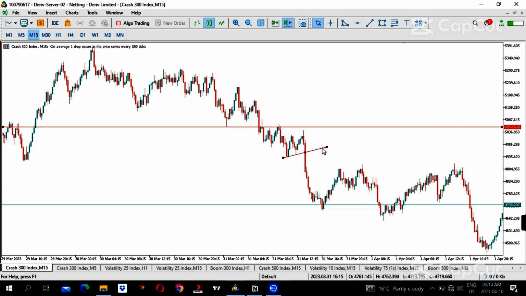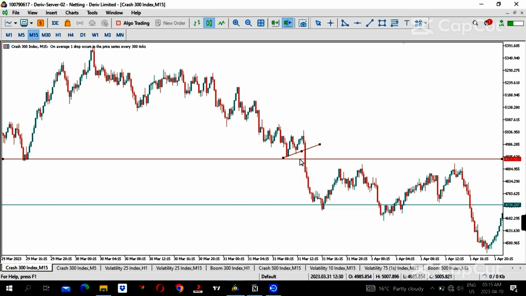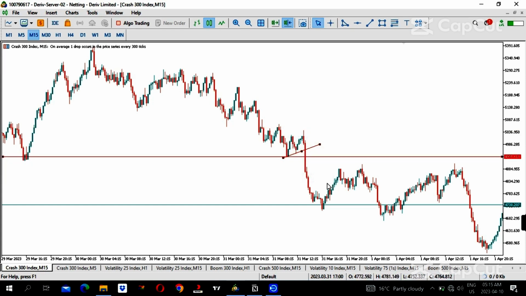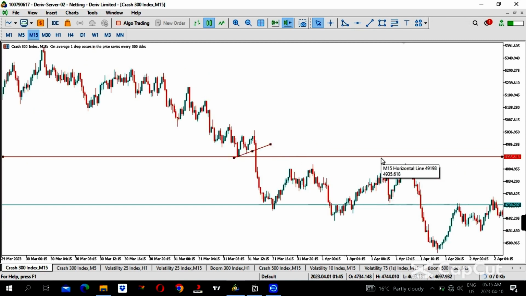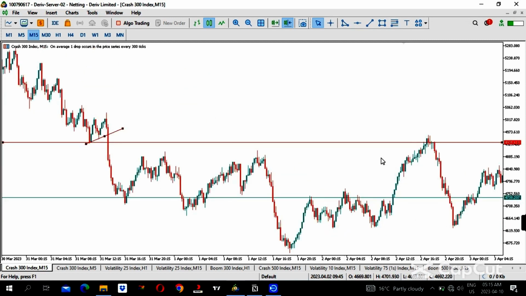As you can see, we're connecting this side and this level over here. And then this pullback, it didn't reach over there, but it only tested the flip zone over there, and it continued going downwards. So that's just how we look for these setups, guys.